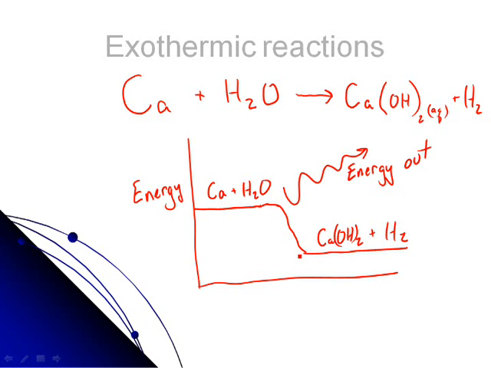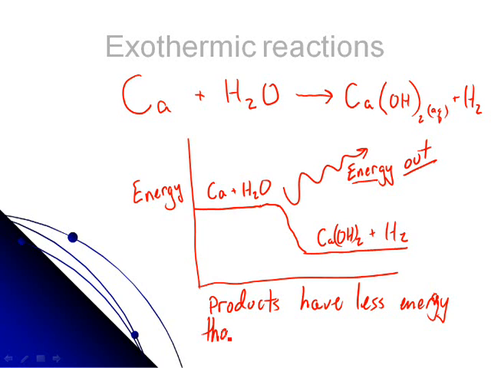So in exothermic reactions, where the energy is released by the reaction, the products have less energy, that's a G, than the reactants.